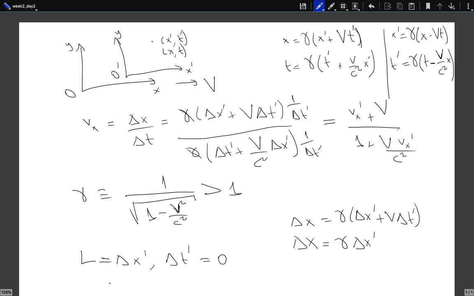What's wrong over here? What is delta t? We looked at delta x. It seemed wrong. Well, let's see. We know that delta t prime is 0. I didn't say delta t is 0. Let's see what delta t is.